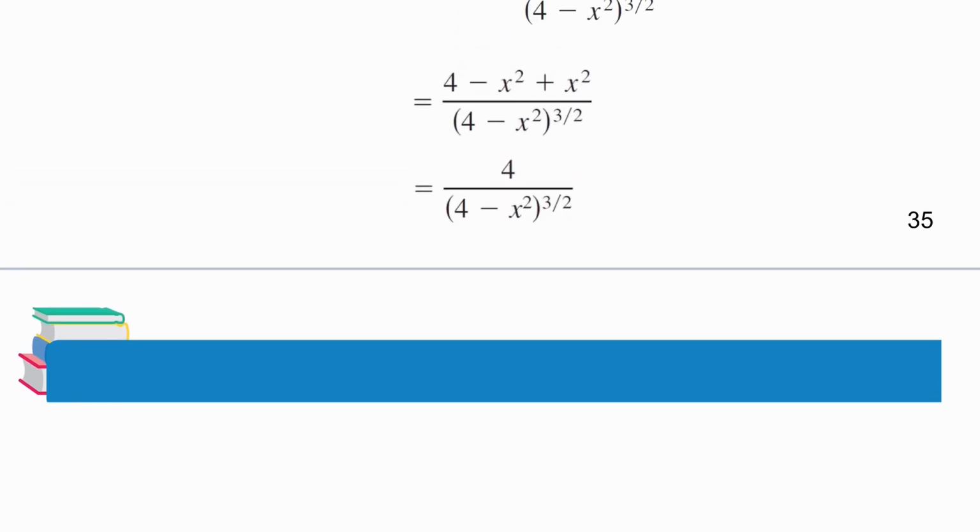So 4 divided by 4 minus x squared to the 3/2 power, which means we do have an irrational denominator. But that's the way they've left it. If we wanted to rationalize the denominator, then we would multiply by this value or the 1/2 value, either one.